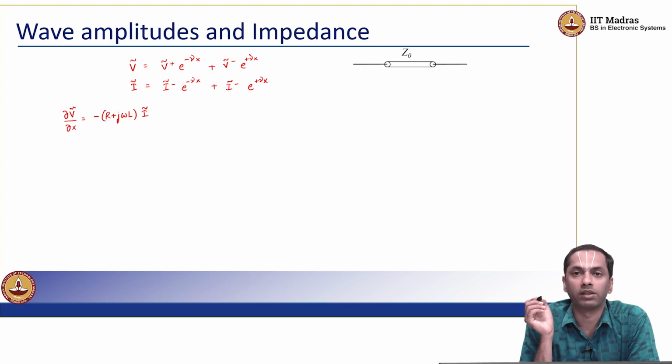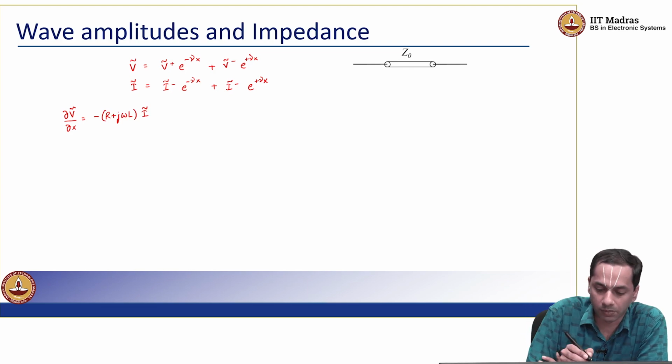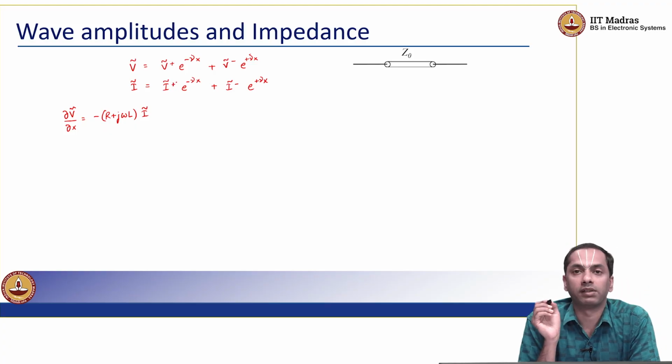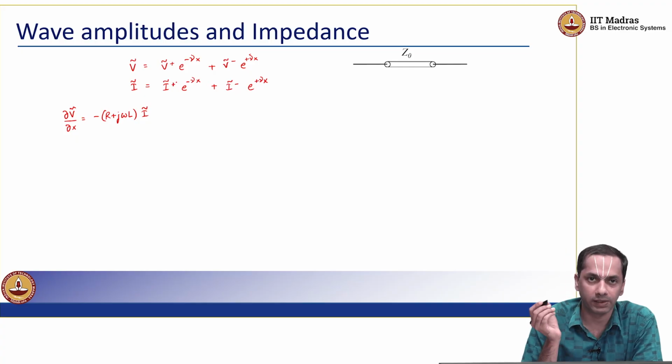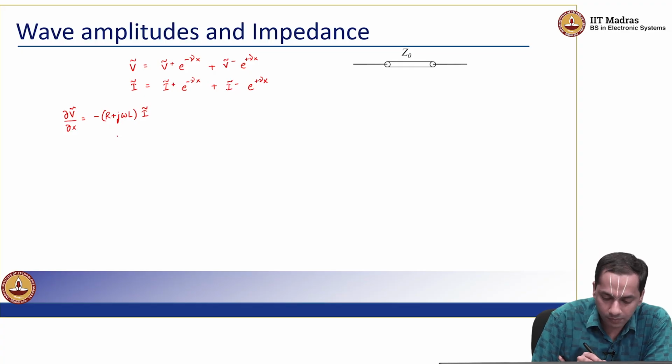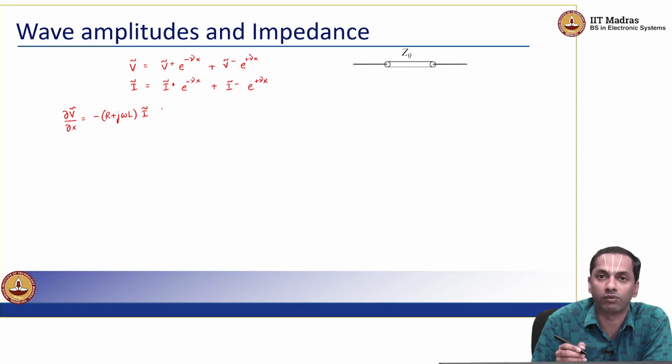So, we can try to find out the relationships between I plus, I minus, V plus and V minus, and the ratio of V plus to I plus, or minus V minus and I minus, is essentially what we called the characteristic impedance or Z naught. So, let us substitute these solution forms for the voltage and current and see if we can bring some relationships between the I plus, I minus phasors to the V plus, V minus phasors. Okay.